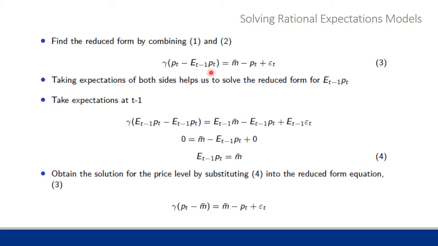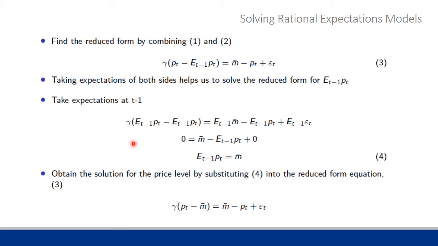Gamma times (pt minus ept) is equal to m bar minus pt plus epsilon t. To solve this, we can take expectations of the reduced form, and this will help us to eliminate the unwanted variable, the expectation of pt. We'll be left with a relation then in just pt and m bar, and we have a solution for price.